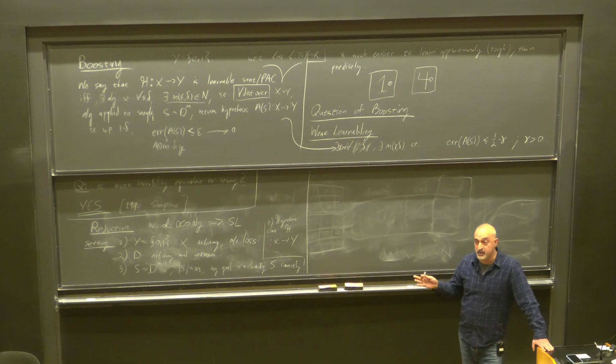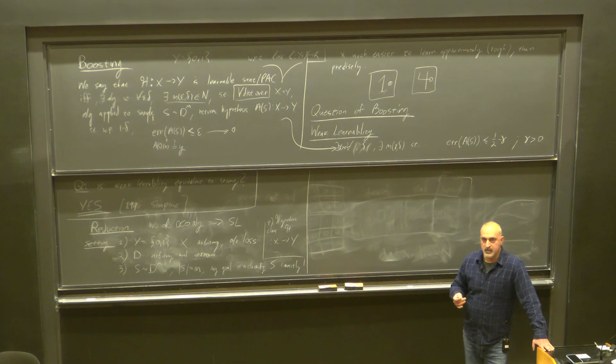I ask the weak learning oracle, here are some examples. Can you weakly classify these examples? And it will return a hypothesis from the class that has error at most half minus gamma, for some positive constant gamma, with high probability. Yeah? Any questions?